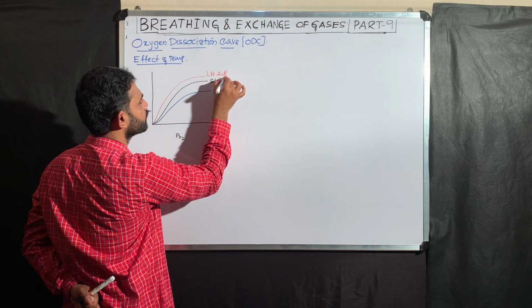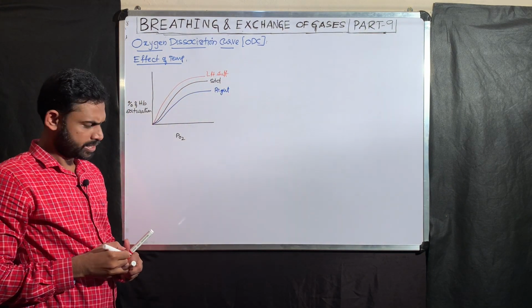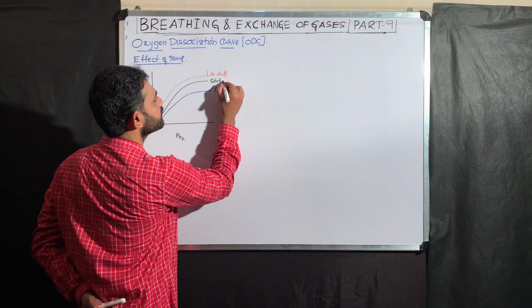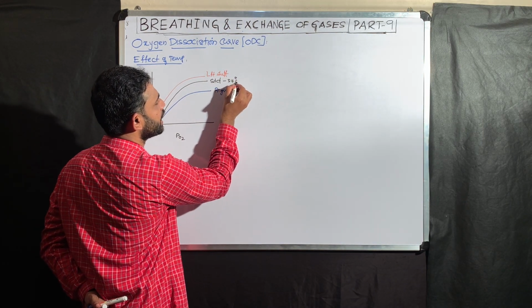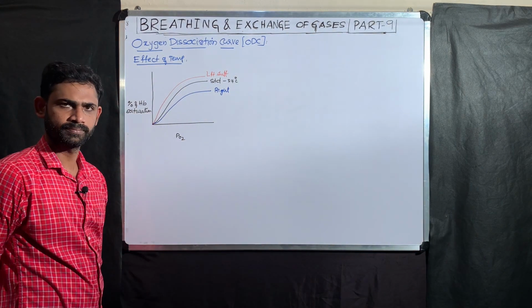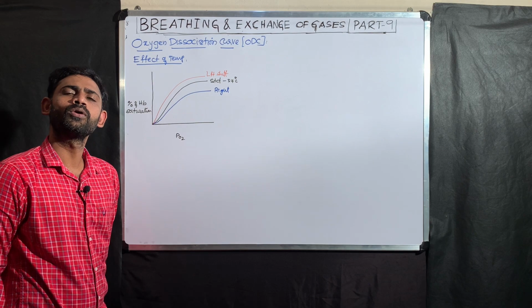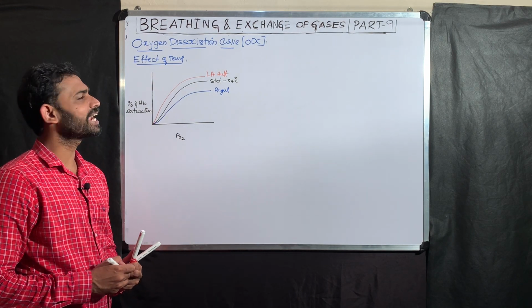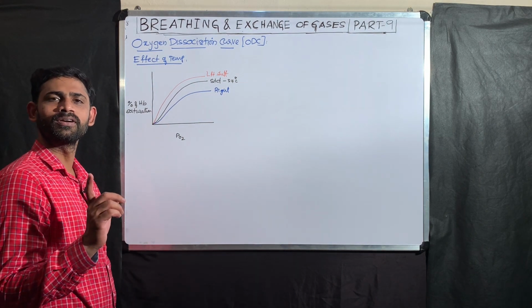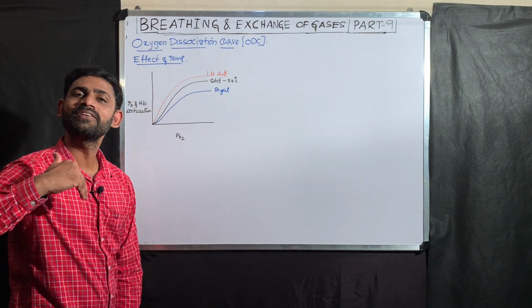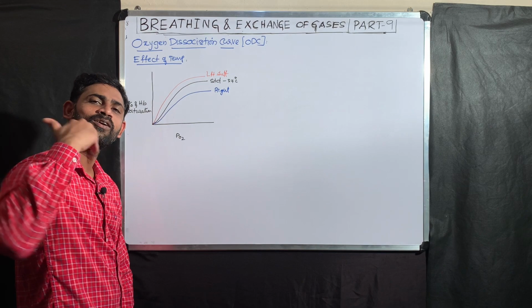Now I am asking you, the standard, what is the temperature? The standard one is 37 degrees centigrade, as we know, that is the body temperature. Right shift means, is it a high temperature or low temperature? Right shift means more chance of dissociation, or less affinity between the hemoglobin and the oxygen.